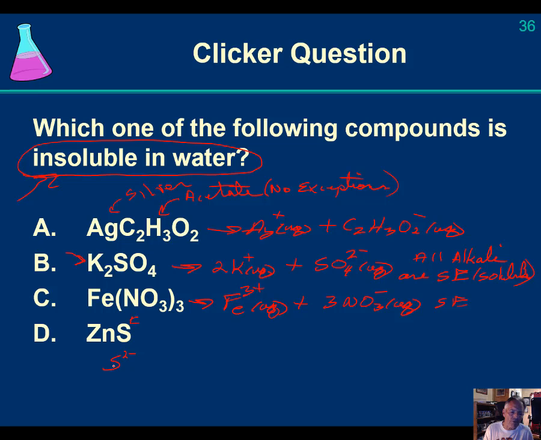Calcium, strontium, and barium sulfide will be soluble, but zinc is not one of those. So here's what it'll do. If it's on the product side, it's going to be your driving force because it is insoluble. Okay, so learn how to read and memorize your solubility guidelines.